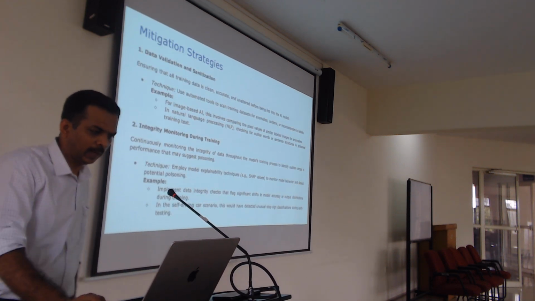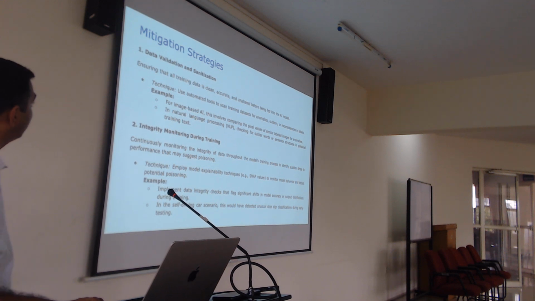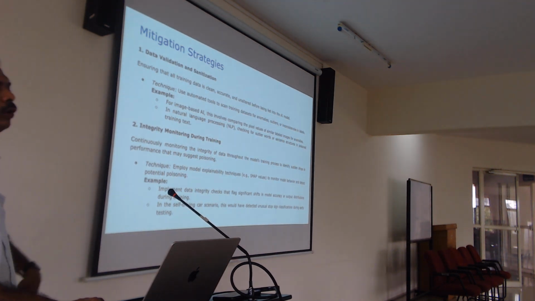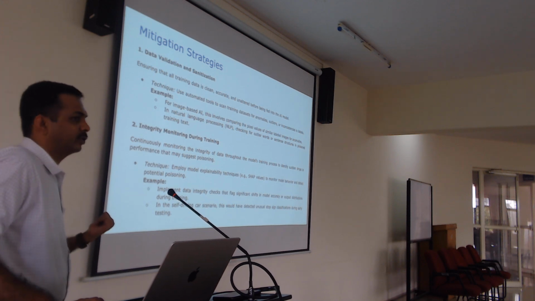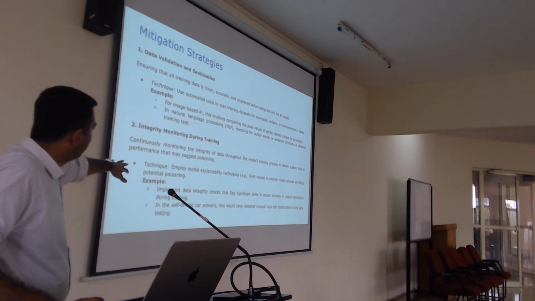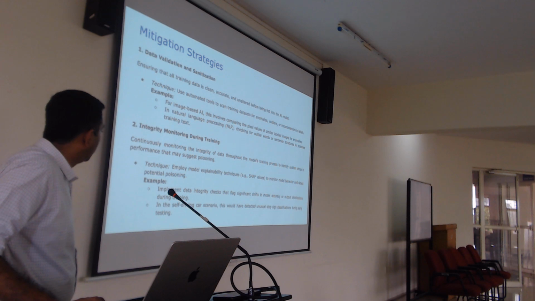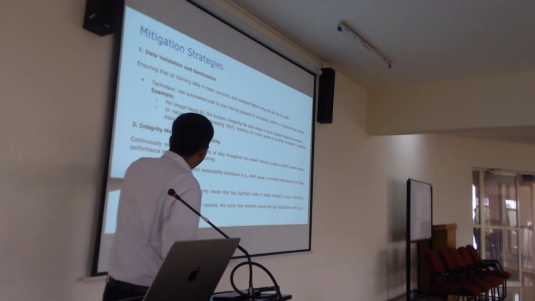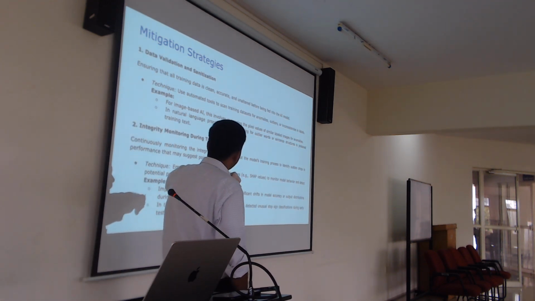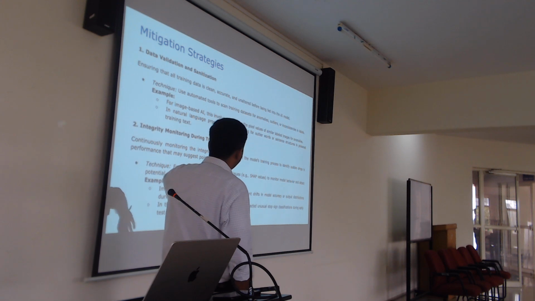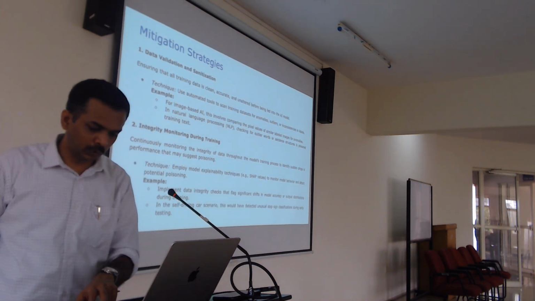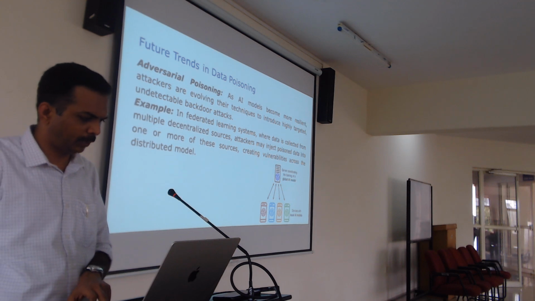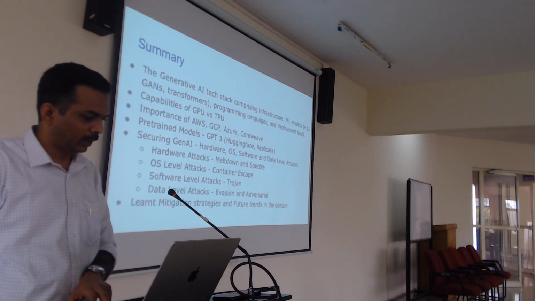You have data validation and sanitization before the training data is handled, and integrating monitoring during training. You employ model explainability techniques, like SHAP values, to monitor model behavior and detect potential poisoning. So you have a lot of solutions you may adopt to deal with data poisoning.